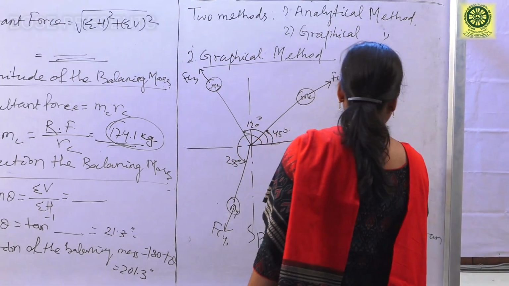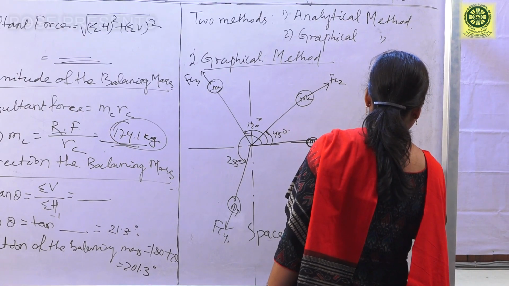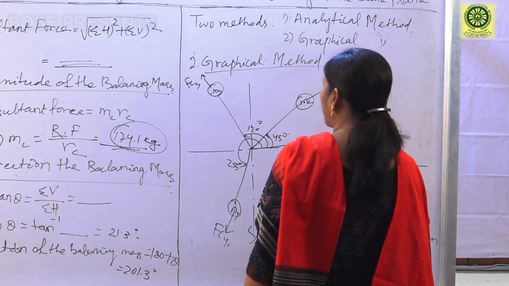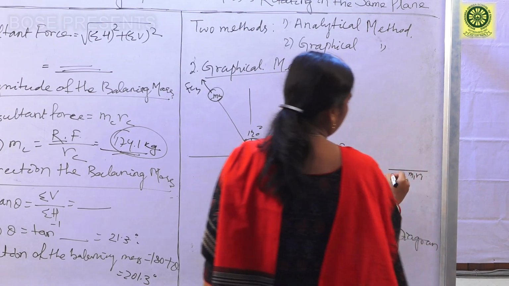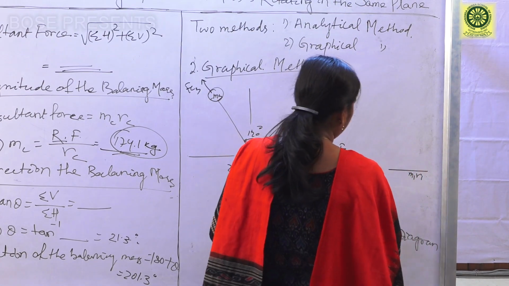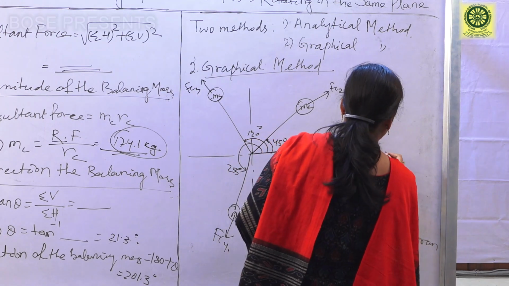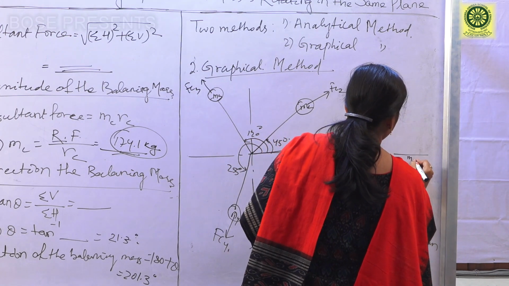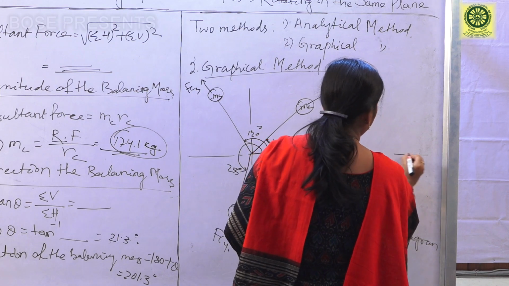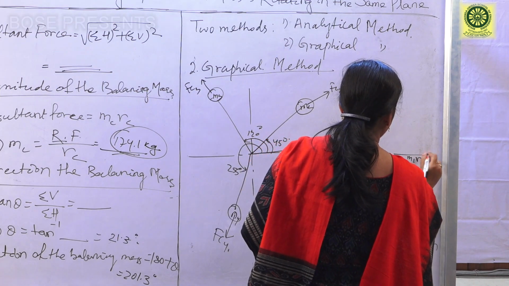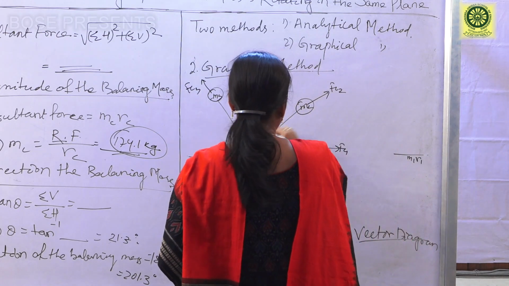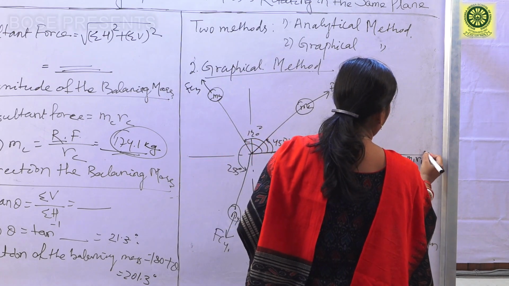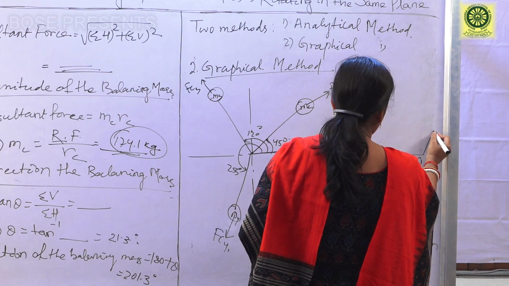So here in this direction, this is the product M1 R1. You have to draw it because this is horizontal. Here I draw. This is M1 R1, horizontal, and then with this line you have to draw the parallel line.